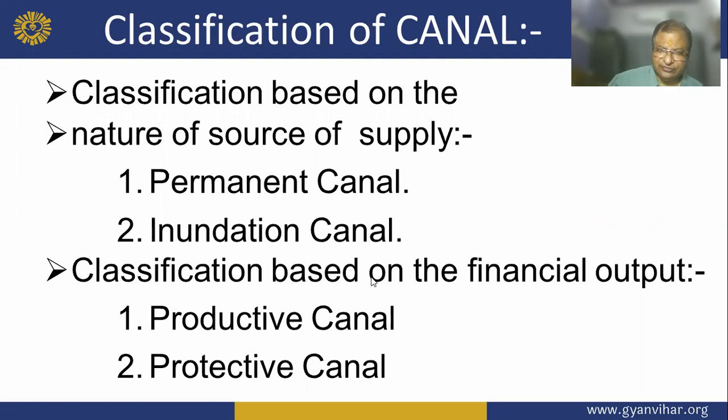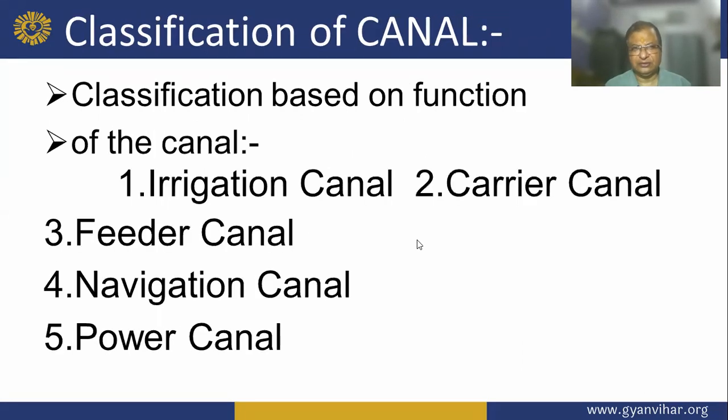So second is the inundation canal, and classification based on financial output: productive canal and protective canal. Now classification based on the function of the canal. It means irrigation canal or carrier canal.